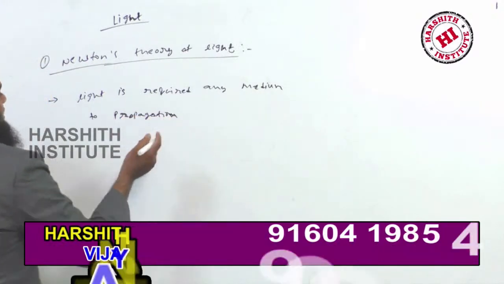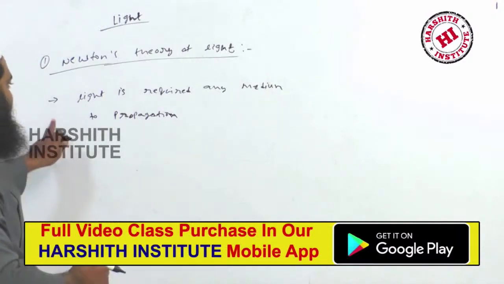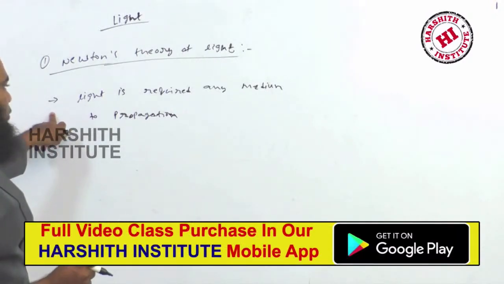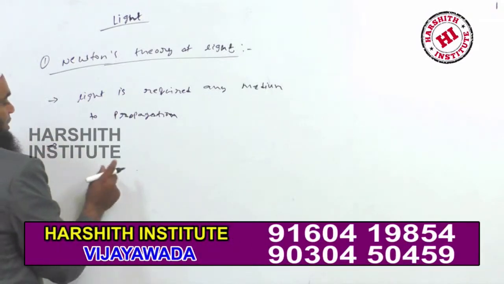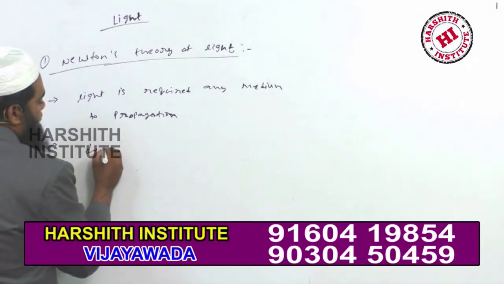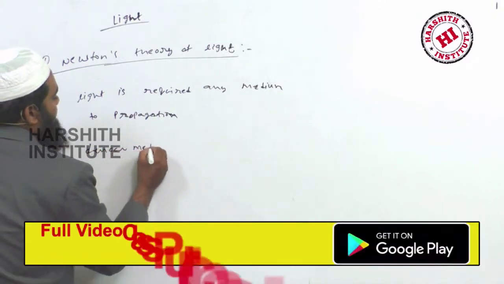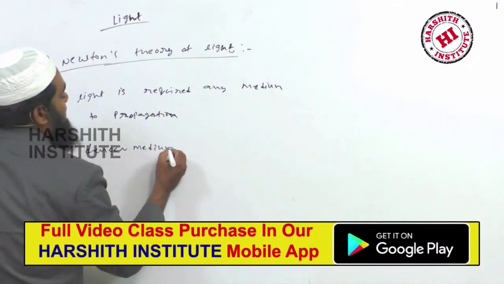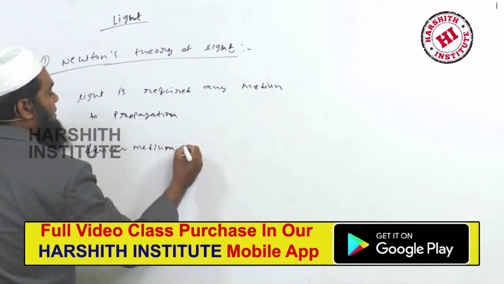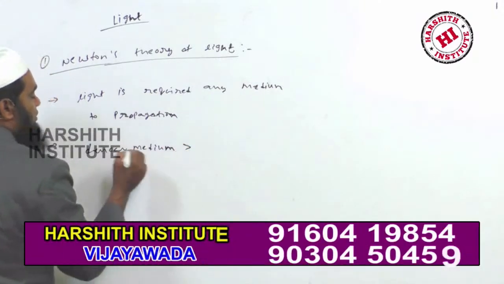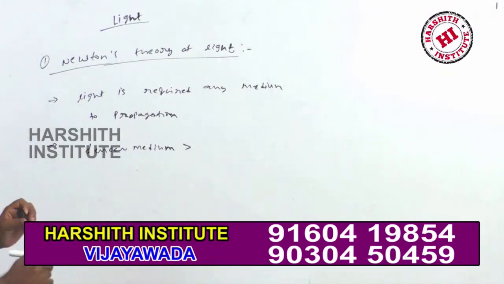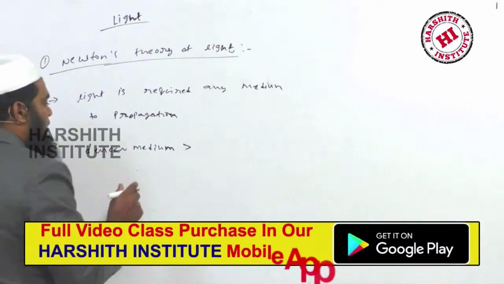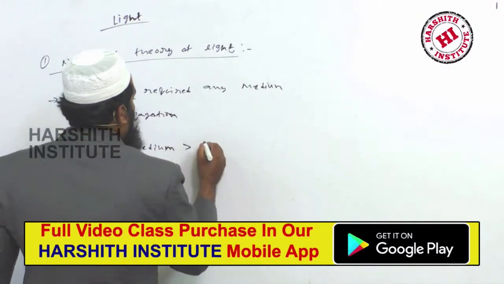So this is the first scientist to explain the properties of light. The first postulate explains that light requires a medium to propagate. Condition number 2: the velocity of light in a denser medium is more than in a rarer medium.